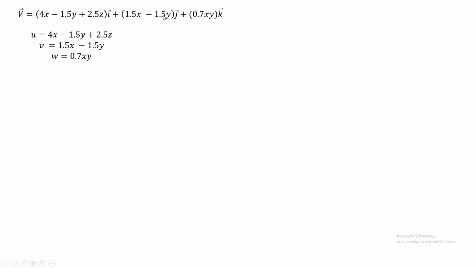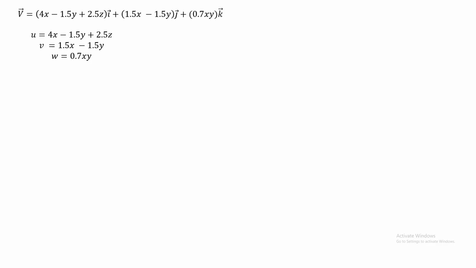This is the velocity vector that has been given, and I have split it into its components u, v and w. We will first find the magnitude of vorticity and square it to get the entropy.